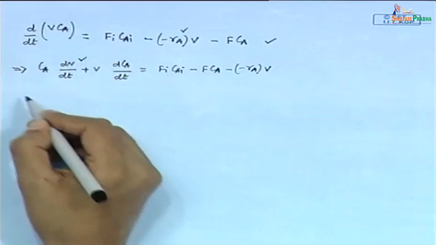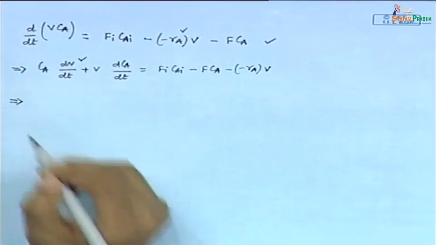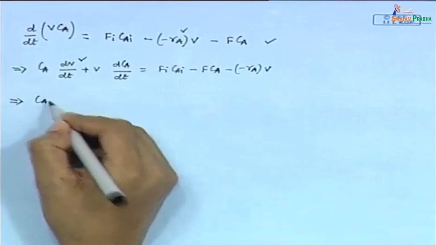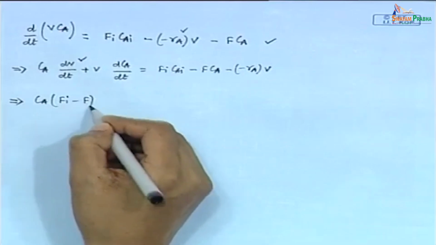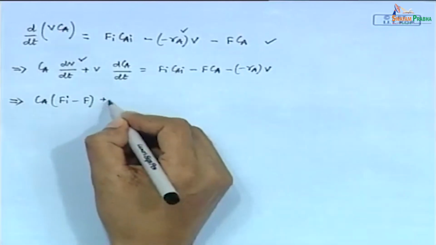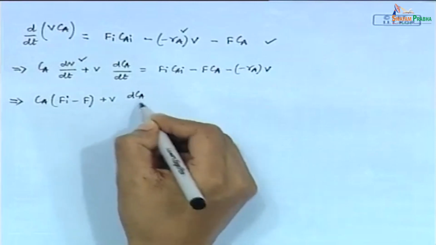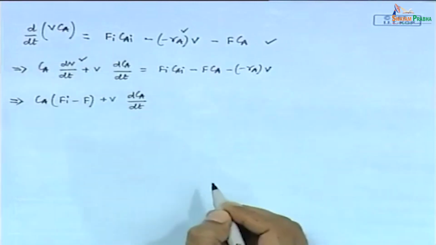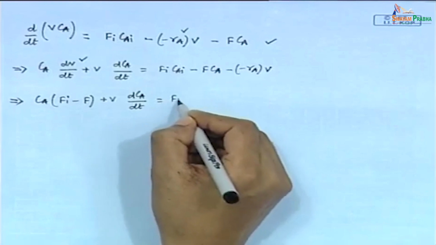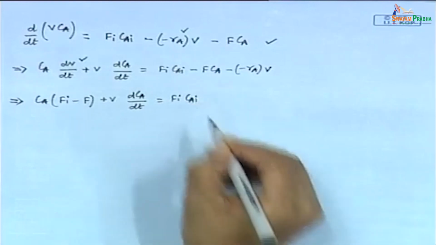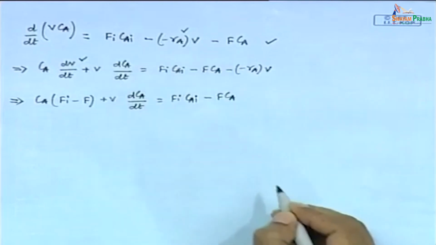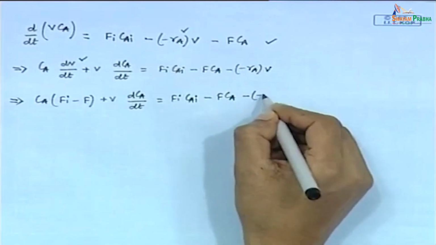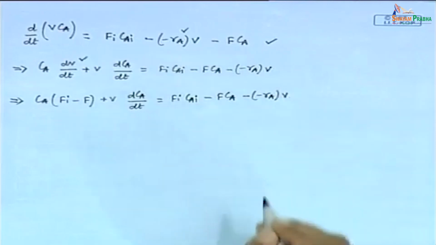If we substitute equation 1, then this equation becomes Ca (Fi minus F) plus V dCA/dt equals Fi Cai minus F Ca minus (minus Ra) into V.